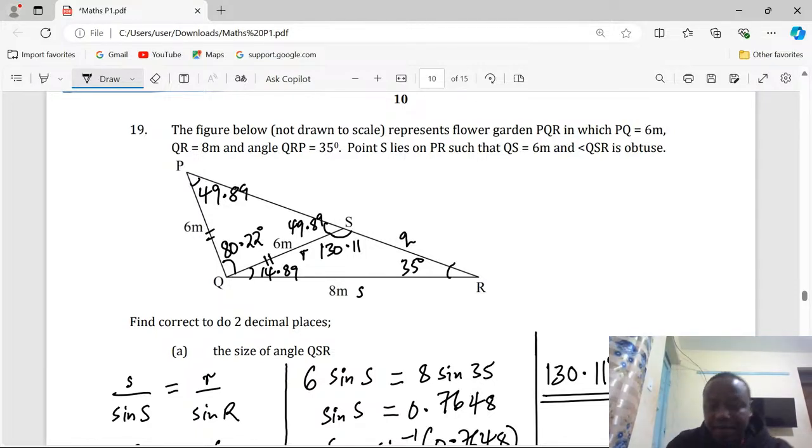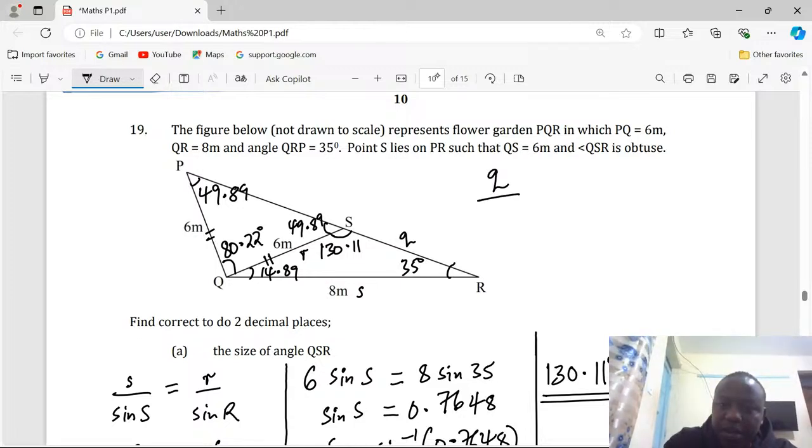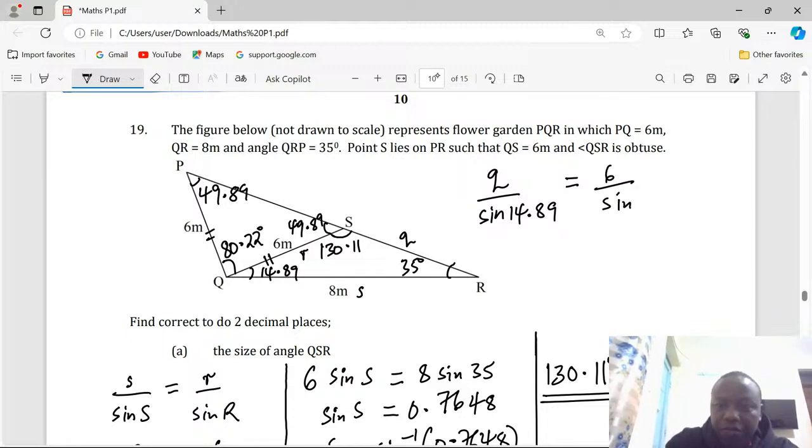With that angle as 14.89, and we want the length Q, then you see the length Q divided by the sine of 14.89 will be the same as, now we can use any other length, for instance 6 over the sine of 35.